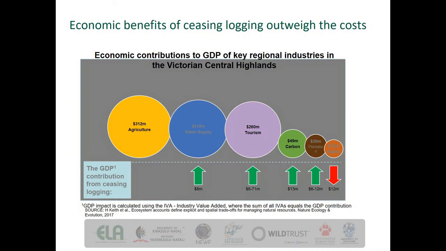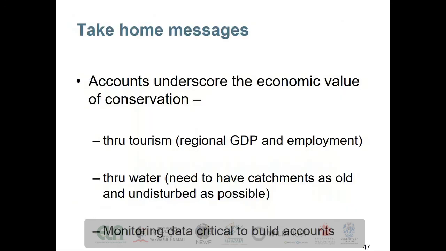So monitoring the water supply in terms of water yields from forests of different ages, monitoring the carbon stocks and flows through repeated vegetation measurements, and monitoring the extent of tourism visits and their contributions to regional GDP.